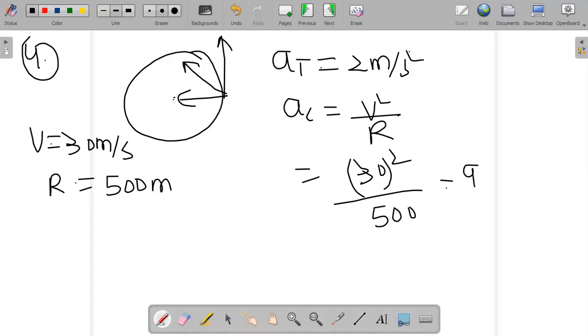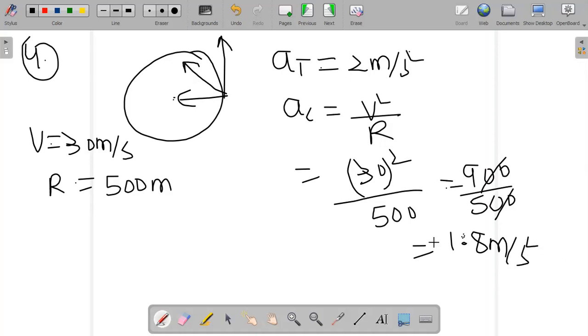So this will become 900 by 500, which is 9 by 5, which will become 1.8 meter per second square.